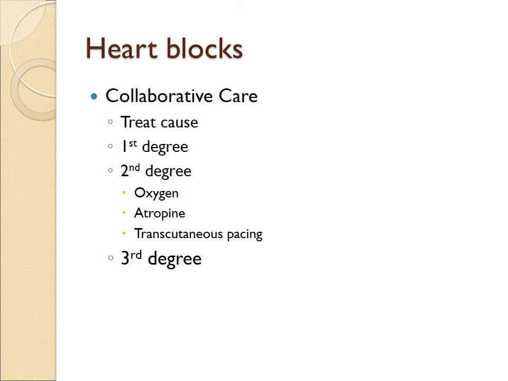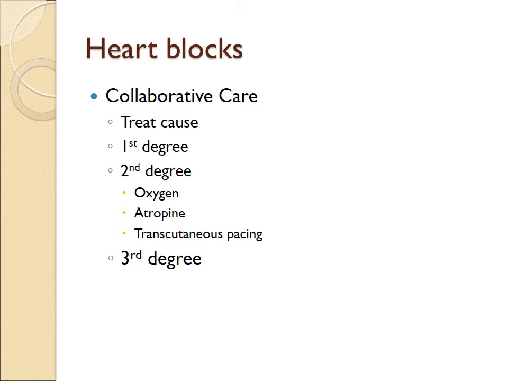So let's look at the collaborative care for heart blocks. First off, always observe the patient and see how the patient is responding to any of these heart blocks. Check the PR interval, and realize in the back of your mind that this can develop, especially a first degree, into a more serious heart block.